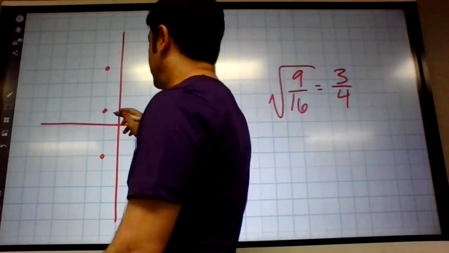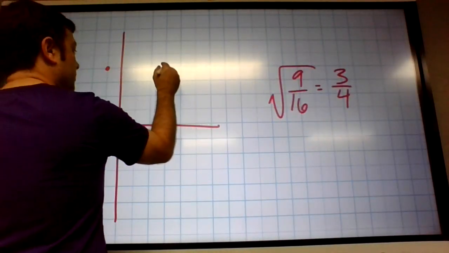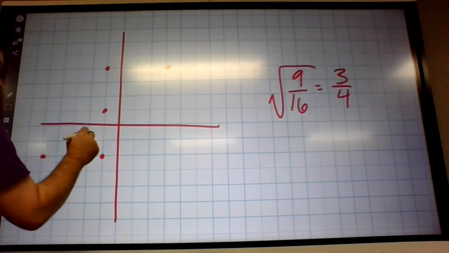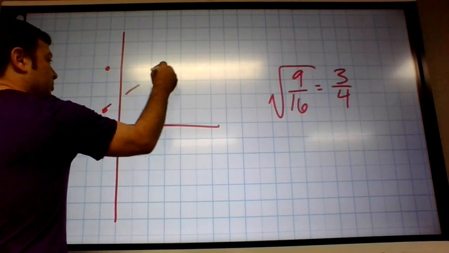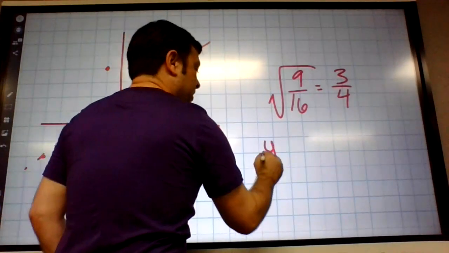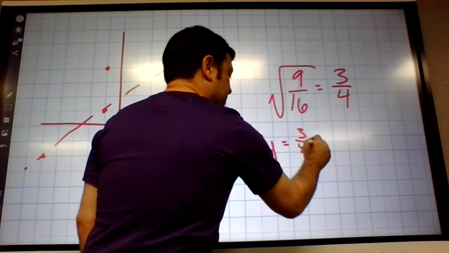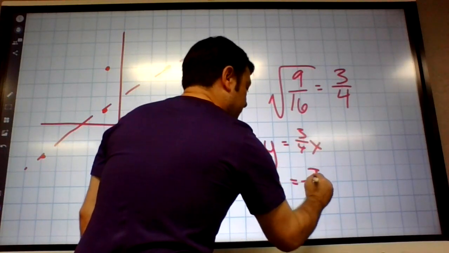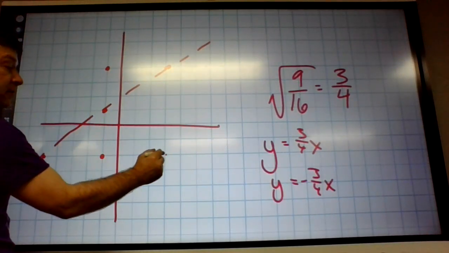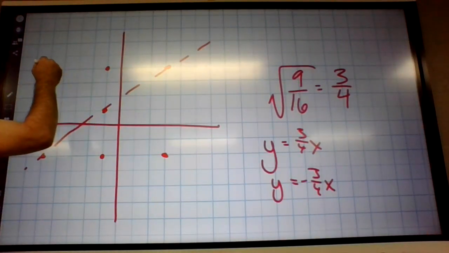So from our center, I'm going to go up 3 over 4, down 3 by 4. Okay, so that's one of them. And then let's go the other way. The equation would be y equals 3/4 x and y equals negative 3/4 x. So down 3 over 4, 3 back 4.